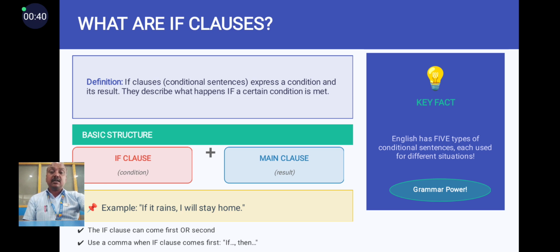For example, if it rains, I will stay home. So "if it rains" is the if clause and "I will stay home" is the main clause. The if clause can come first or second. Use a comma if the if clause comes first.